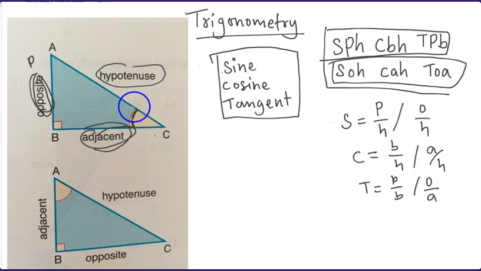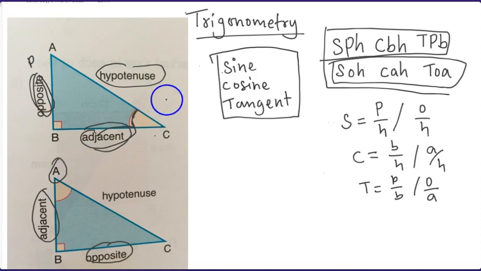But if the chosen angle is different, in the second figure the chosen angle is A. So here the opposite is down here and the adjacent is here. This means opposite and adjacent depend upon the chosen angle.